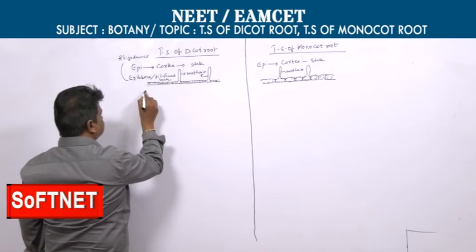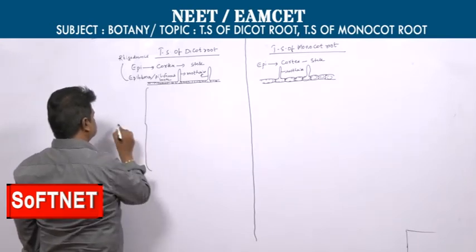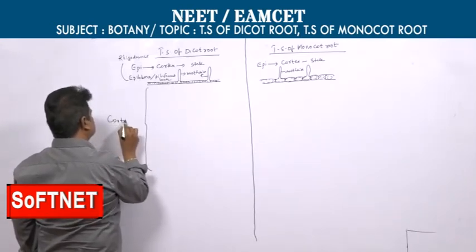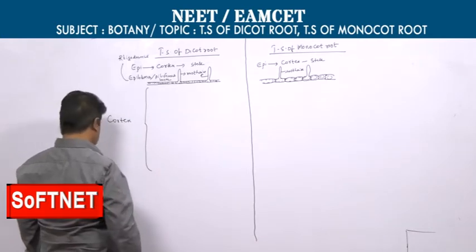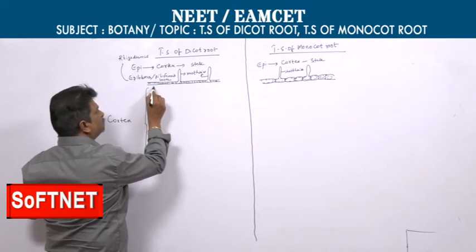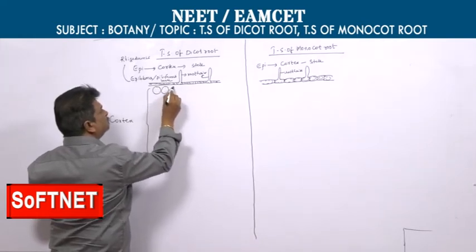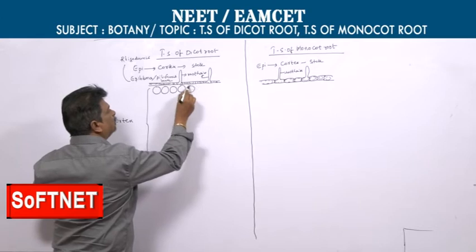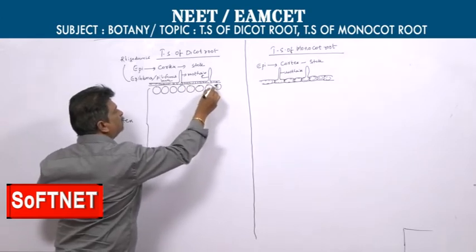Next one, cortex. Root character: cortex is enlarged.